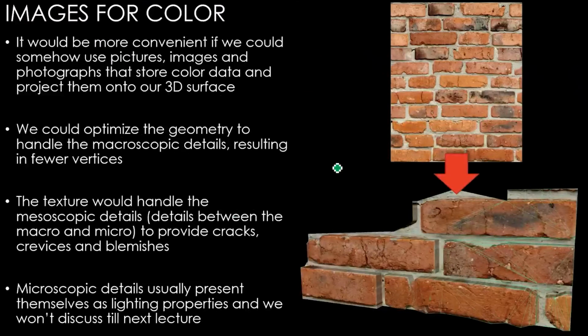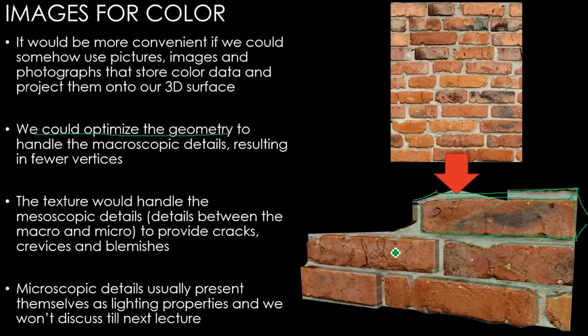And conveniently, we all have cameras, we all have cell phones that take pictures of just about everything. Wouldn't it be nice if we could take that picture data and use that on the surface as opposed to needing to use additional polygons? The idea being that we could then optimize the geometry to just represent the macroscopic shape of the object. That is the large shape of the object.